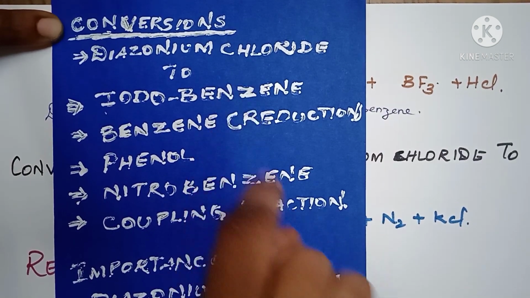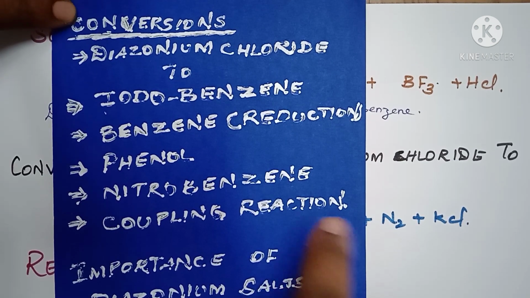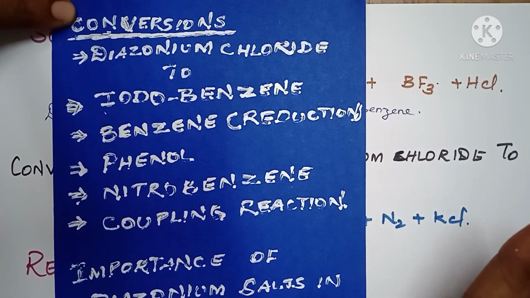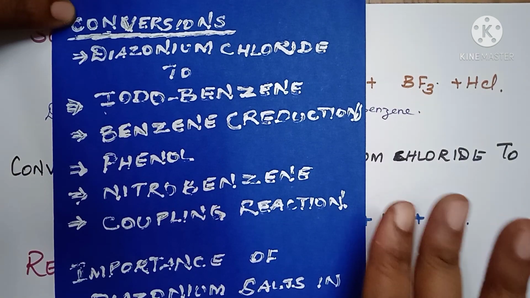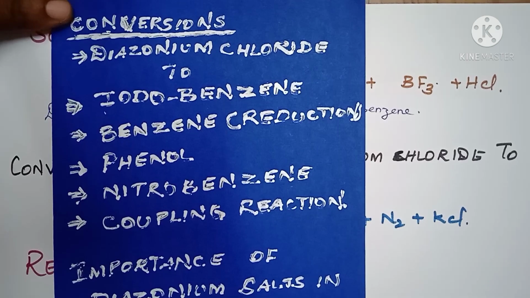All these points we are going to discuss under conversion points. How do we convert benzene diazonium chloride to phenol? How do we convert benzene diazonium chloride to benzene? Like that they may ask. Finally, we are going to discuss the importance of diazonium salts in the synthesis of aromatic compounds.